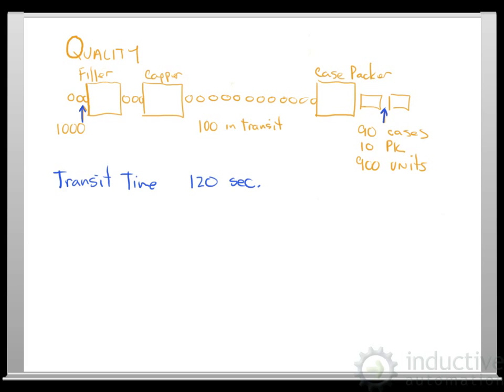Now, you do run into situations where, let's say you have an accumulation table here. And if the case packer goes down, in certain circumstances, you start diverting product onto the accumulation table. Now, our transit time isn't going to work because it really didn't take 120 seconds to get down here.